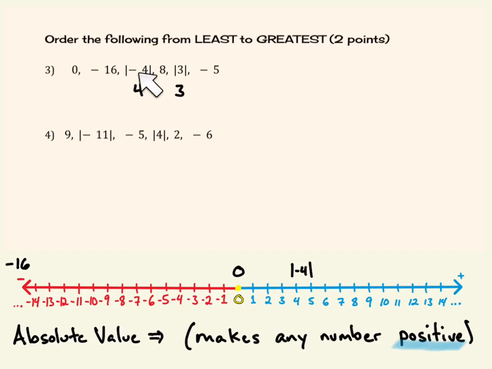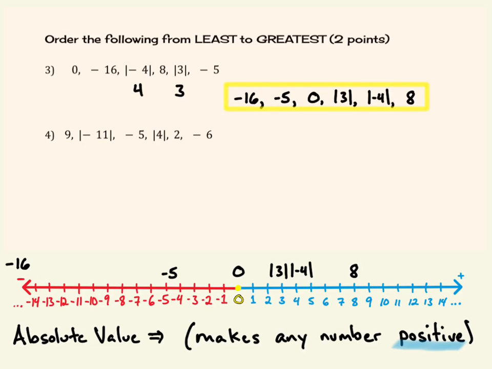Absolute value of -4, which is 4, so I'll put that above 4. 8, absolute value of 3, and -5. So in order from least to greatest, we had -16, -5, 0, absolute value of 3, absolute value of -4, and 8.